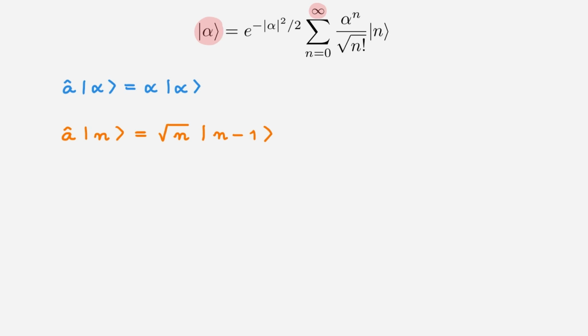When we act with the lowering operator on it, for every term in the sum, we remove one energy quantum, but the form of these expansion coefficients is such that every term becomes exactly equal to the original term with one fewer energy quantum, so that the overall state does not change. This is enabled by the fact that the sum is infinite, so there is no such thing as a highest energy state that we cannot recover after applying the lowering operator.